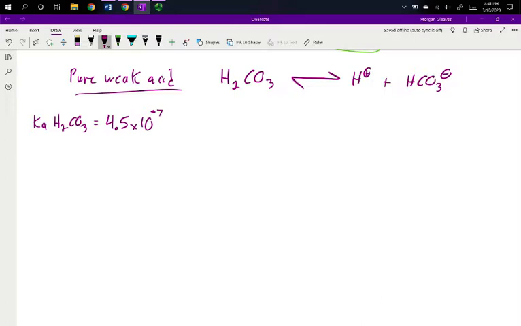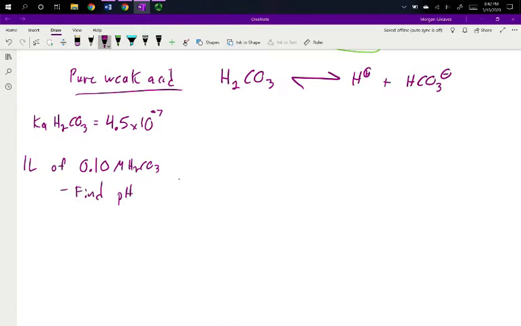Let's try a solution here. Let's say we start with 1 liter of 0.1 molar H2CO3. So we use this solution and we are going to find pH.